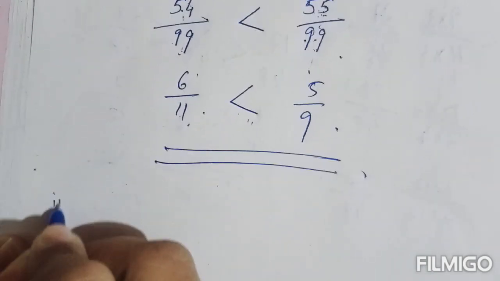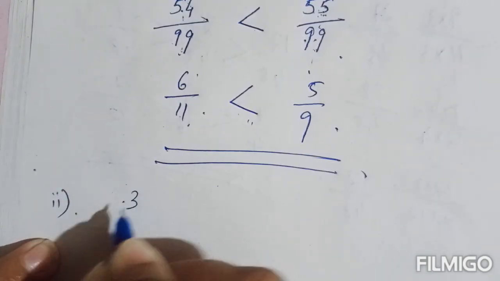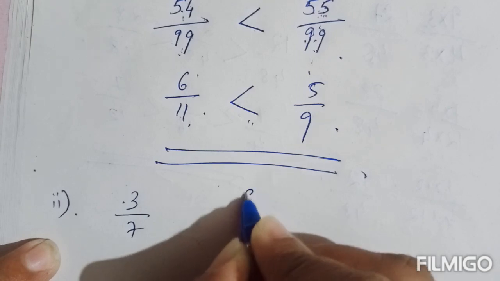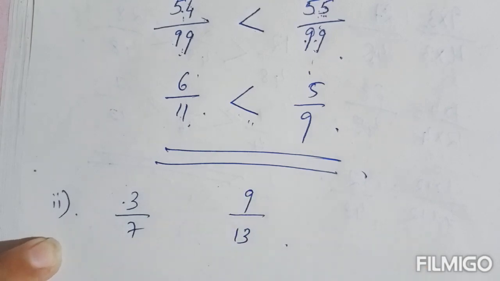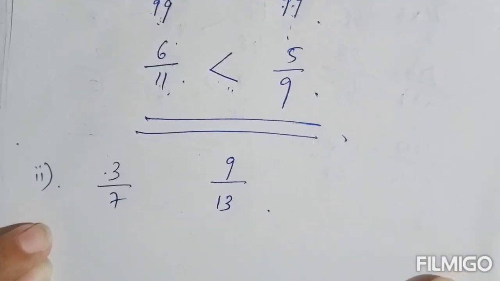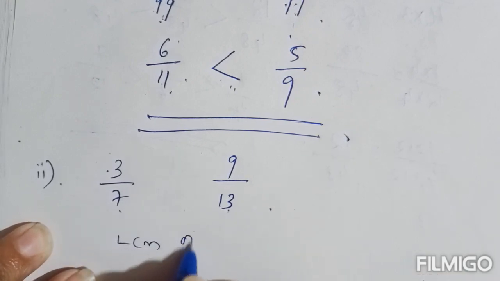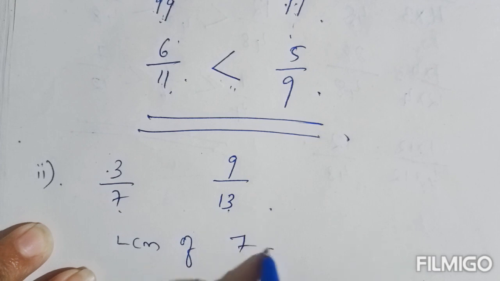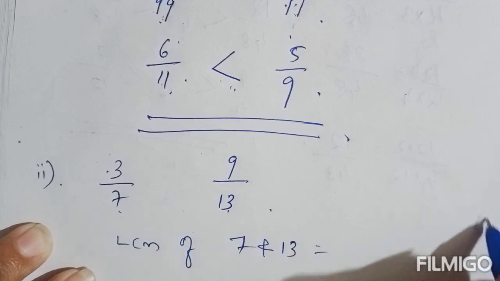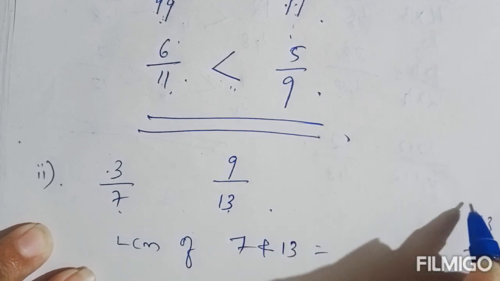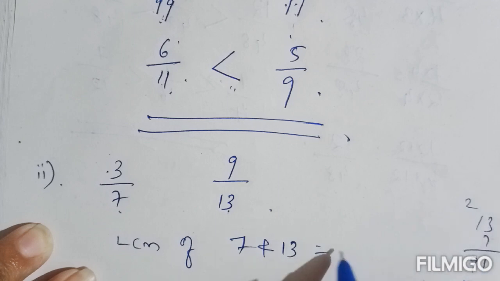Okay, in that second one, 3/7, 9/13. So here also denominators are different, so you can find the LCM of denominator. LCM of 7 and 13, it is 13 into 7, that will be 91.